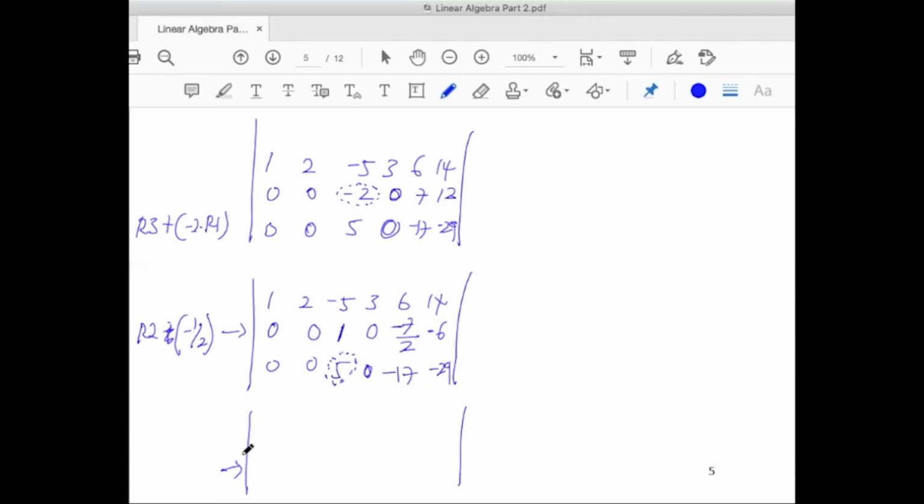So to do that, we take row 3 plus with row 2, but we need to multiply row 2 with negative 5. So that one will give us the equations, and for the row 1 and row 2, you just write it back.